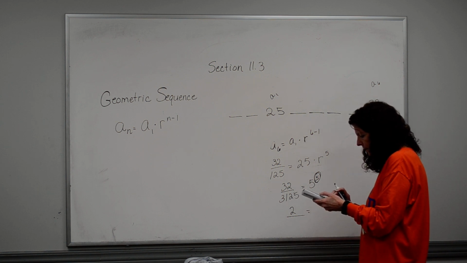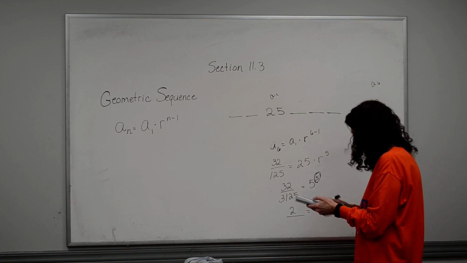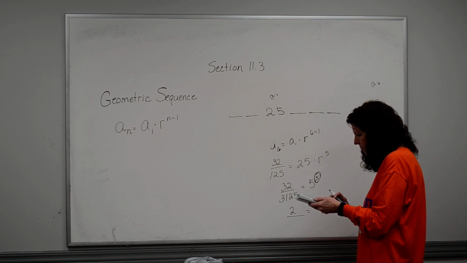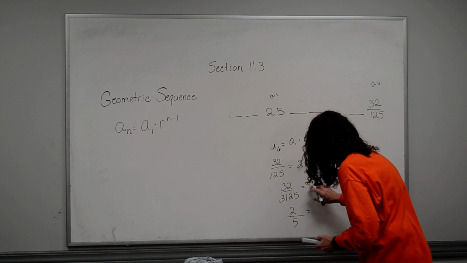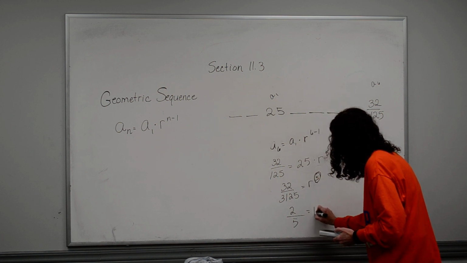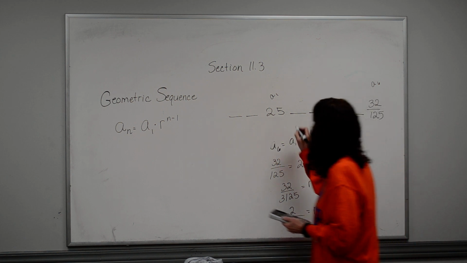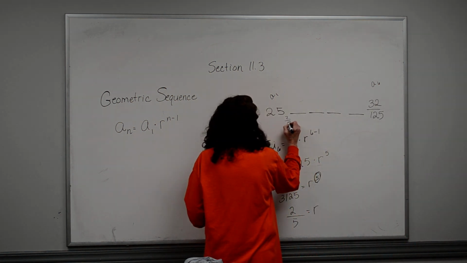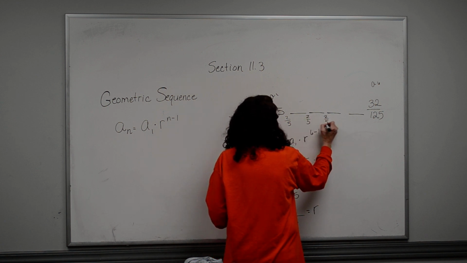And then I'm going to take the 5th root again, math, and then down to number 5, and I'm going to plug in 3,125, and I'm going to get 5. So this r to the 5th power is going to give me an r value of 2/5. So I'm going to multiply by 2/5, 2/5, 2/5, and so forth.